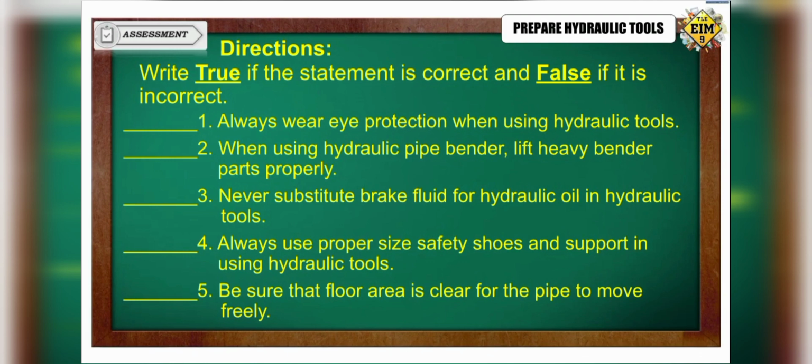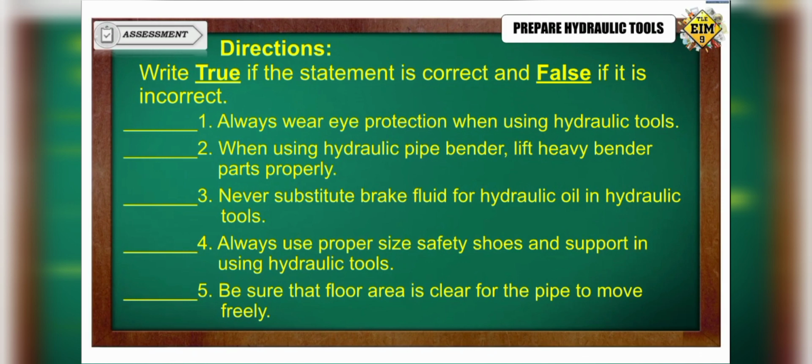Number 2, when using hydraulic pipe bender, lift heavy bender parts properly. Number 3, never substitute brake fluid for hydraulic oil in hydraulic tools. Number 4, always use proper size, safety shoes, and support in using hydraulic tools.